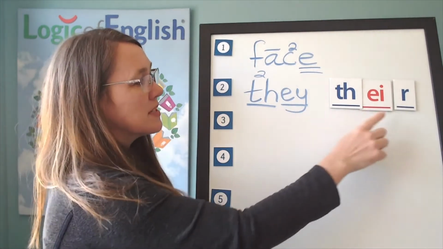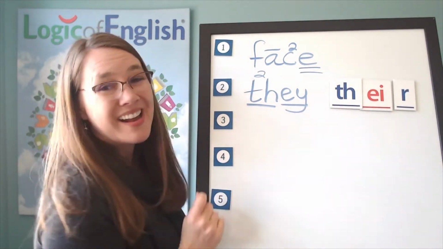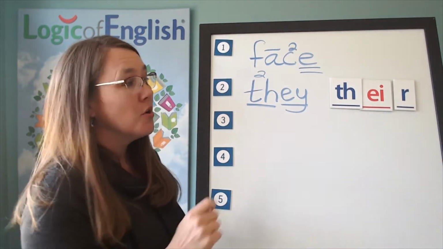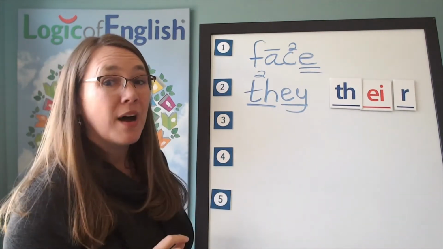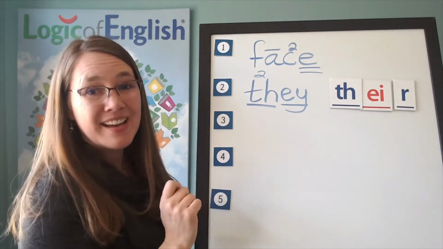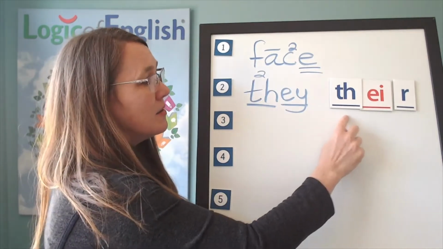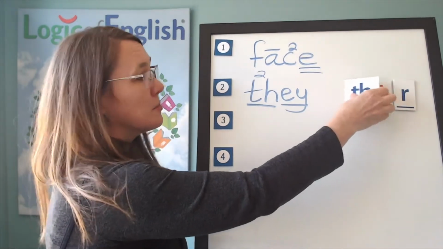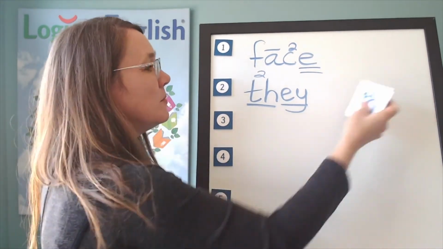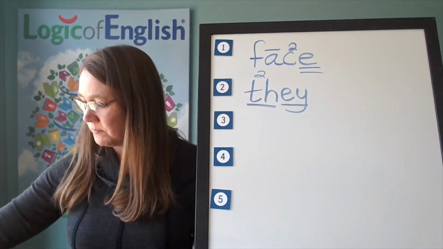Oftentimes, these phonograms that have an I and a Y at the end that are pairs, they'll show up in words that are related in meaning. The one with the Y will be in a word like they at the end, and the one with the I will be in the middle in a related word like there. That's pretty cool, and that can help you remember how to spell these words.